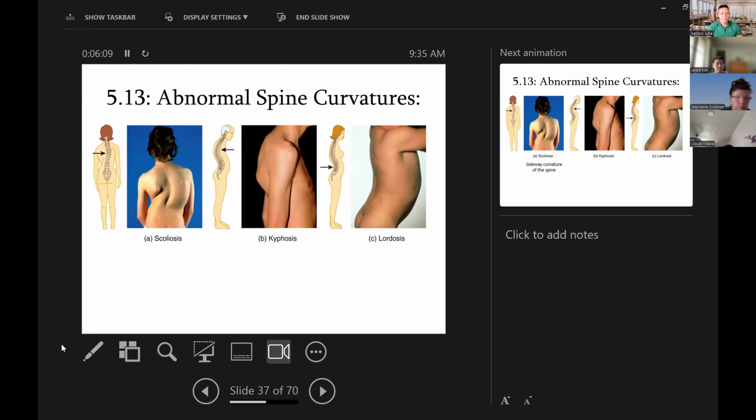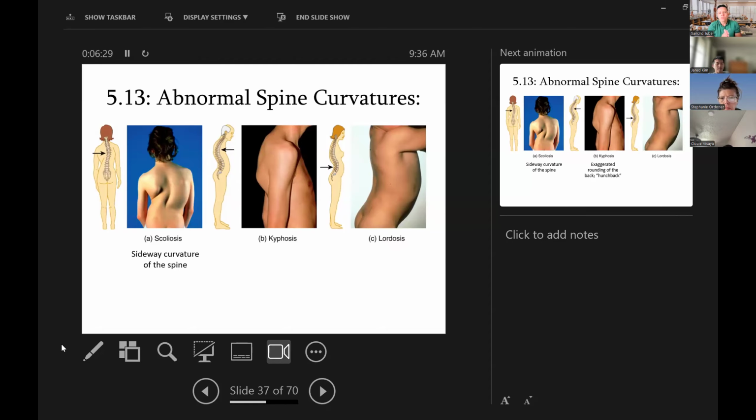Now, the most common of the three different types of abnormal spinal curvature is scoliosis. And scoliosis is a sideways curvature of the spine, as we can see right here in this picture of this individual, a very, very accentuated scoliosis.